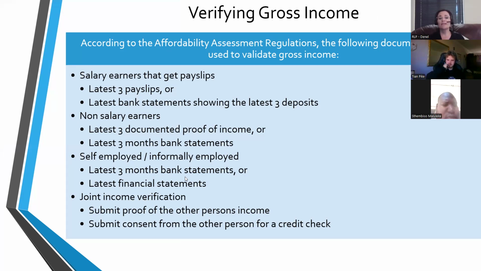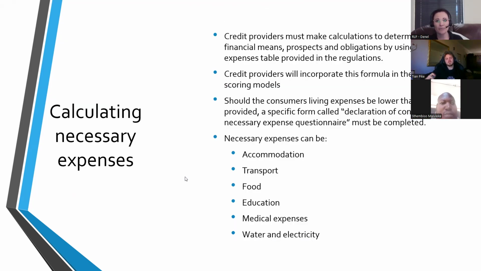And if it's a joint income verification, so 2 people applying for credit together, that's usually with spouses that apply together, right? They have to submit proof of the other person's income, but also consent from that person to do a credit check on their profile. There's different ways on how they verify gross income.